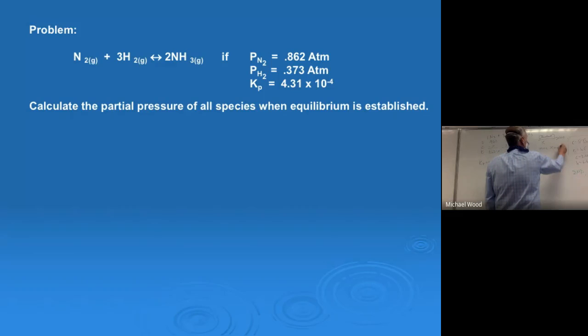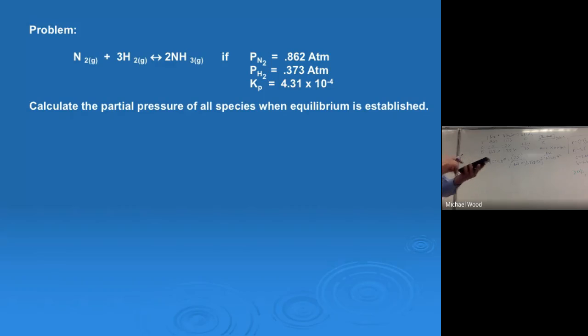I'll show you what I mean by that. In the awful problems we're doing the last couple of days, this will make our life a little bit easier. And then at the end, we're going to check it with this thing called the 5% rule. So in this problem, if I take the concentration of the reactant, 0.862, over the K value, I think that comes out to be like 2,000.